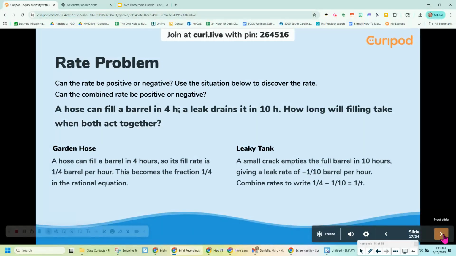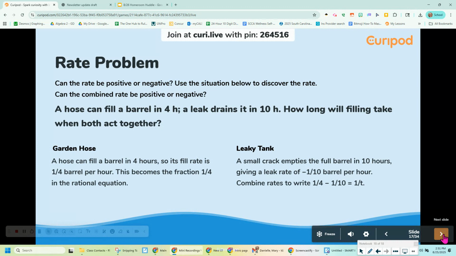The leaky tank, that small crack, empties the full barrel in 10 hours. So that's giving a leak rate of negative 1 barrel in 10 hours. So a negative is going to subtract from that barrel, 1 over 10. So in my situation, this rate can be negative because it's decreasing.